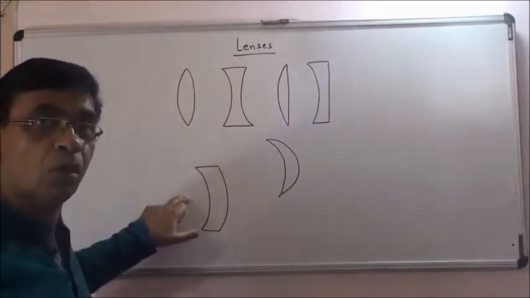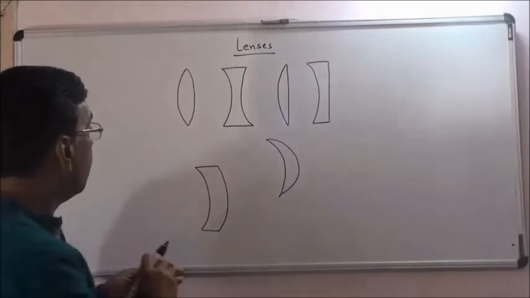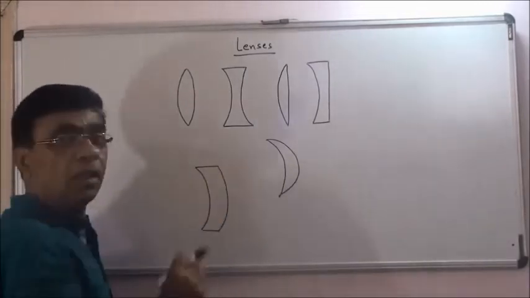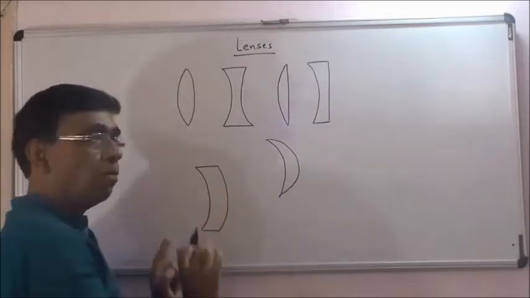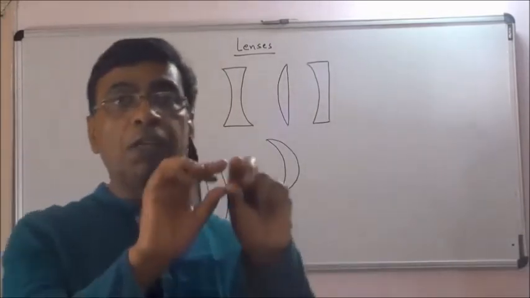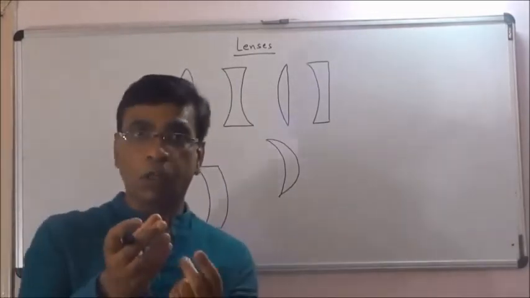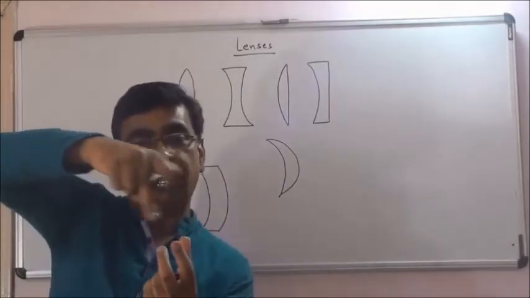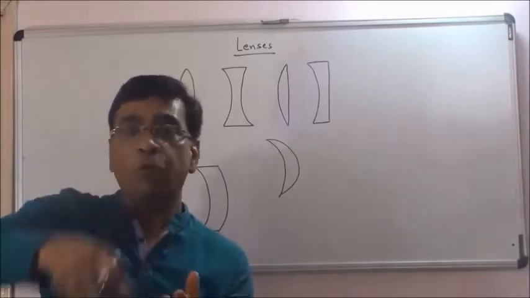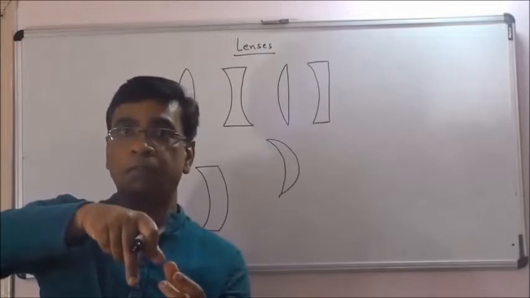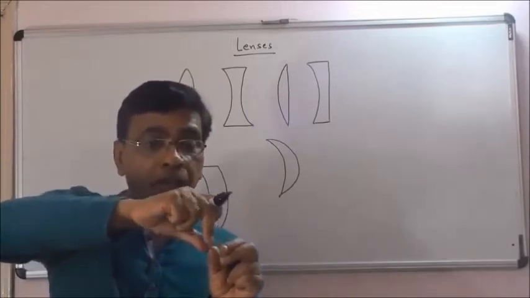This is not a lens. Lens does not have uniform thickness everywhere. So it is simply a plain glass plate, though it is curved. It is just like a glass bottle. You take a glass bottle which is having cylindrical shape and you break it. So every part of it will be curved, but having equal thickness.